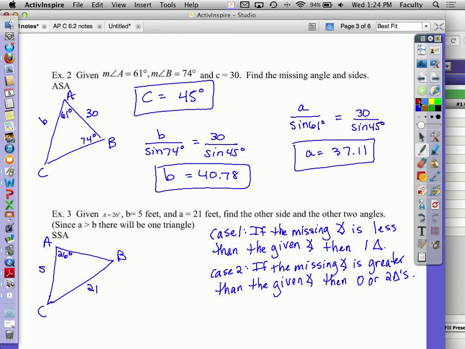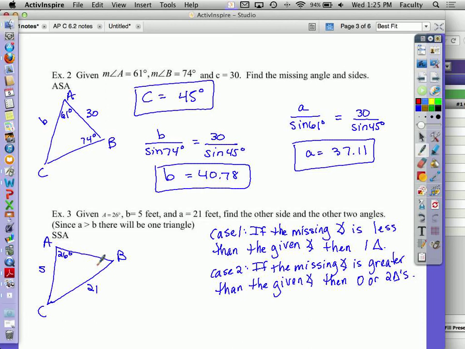All right, so let's figure out, I'm telling you, we're talking about a missing angle. Well, right now when I look at the picture, I have two angles I don't know. But which one in this diagram is considered the missing angle? It's B. Why is B considered the missing angle? Because we know its opposite side.